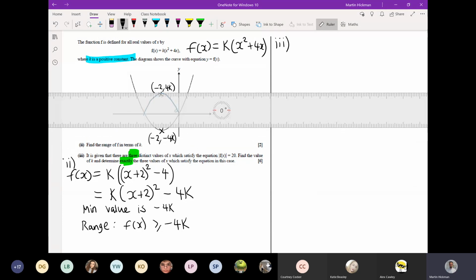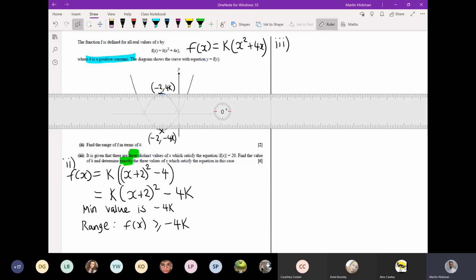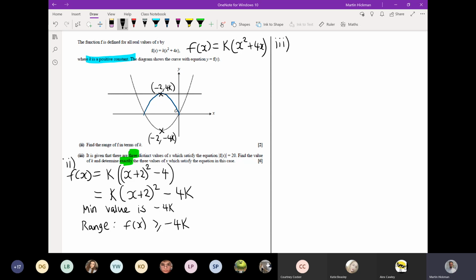So if there's only 3 solutions, it has to just touch at that turning point. So that's my line of y equals 20. I've got these 2 solutions on these parts of the quadratic, and then that turning point there is going to be my 3rd solution.